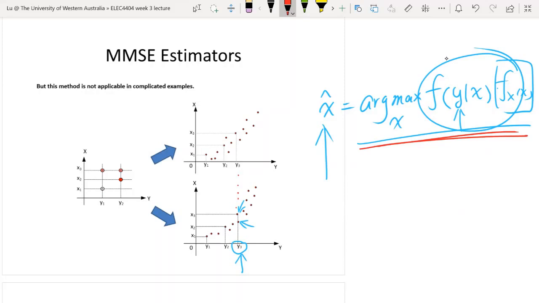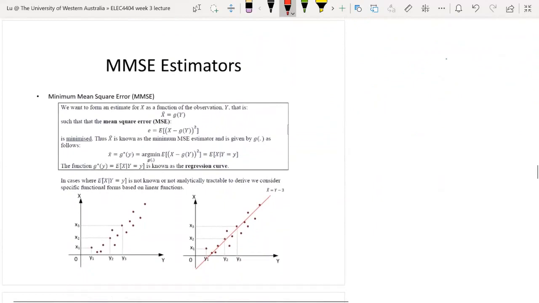Because of this, we want to find another efficient and effective way to evaluate the X hat, in other words, the best estimation quickly and efficiently. That is why we need to introduce this minimum mean square error estimator.